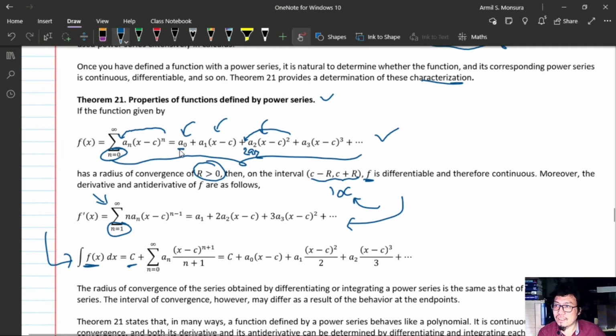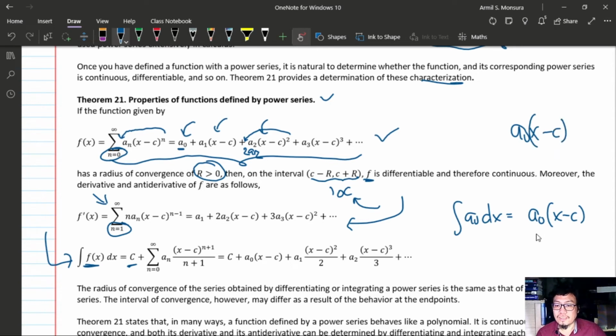So you start here. Since that is a constant, the integral of a0 dx is simply a0. But remember that here we are considering that your power series is centered around a certain number. So instead of just simply multiplying this with x, you multiply it with x minus c.